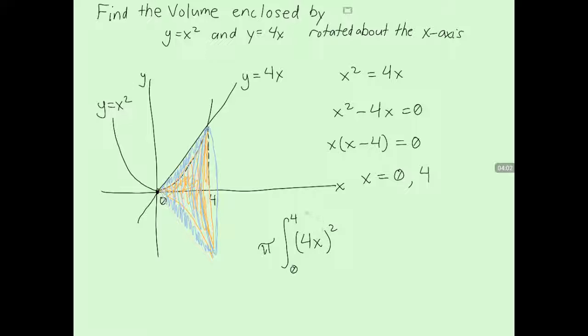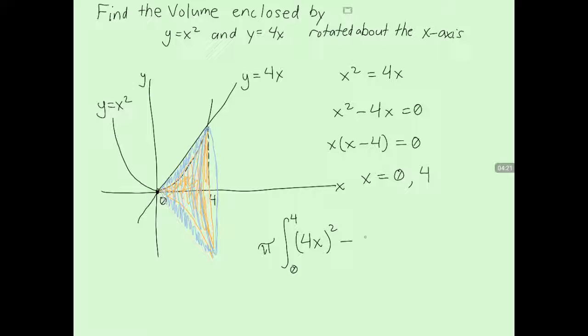And this is basically the function squared, because we're taking the radius of the circle to be the function at each x. So we're squaring that because the area of a circle is pi r squared, and we're adding all those circles together to find the volume.